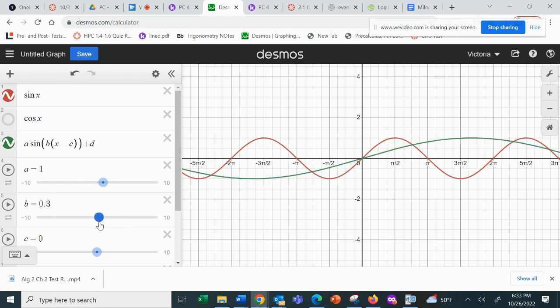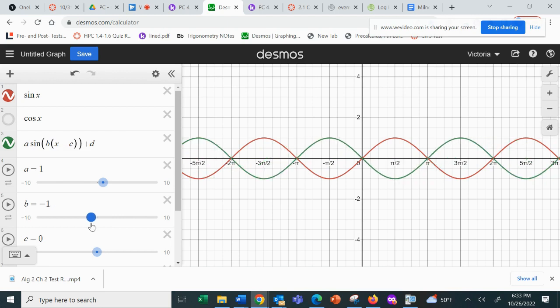And then if I go between 0 and 1, we now have a horizontal stretch. If I go to 0, it's not even going to be a graph anymore. If I go to negative numbers, let me just go to -1, it is not a flip up and down. This one is a reflection in the y-axis, which flips left to right.